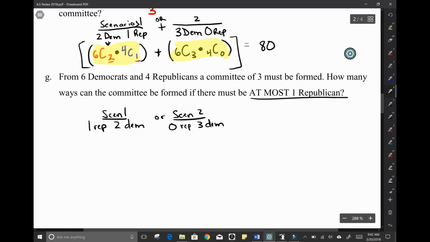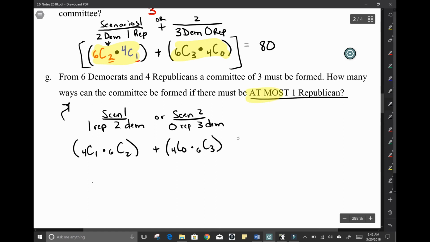So those are the 2 things. Now notice you actually have the same problem as that above. The ways I can choose my Republicans are 4 choose 1 times 6 choose 2 plus 0 Republicans is 4 choose 0 times 6 choose 3. It's the same exact combination, only this one is worded at most.